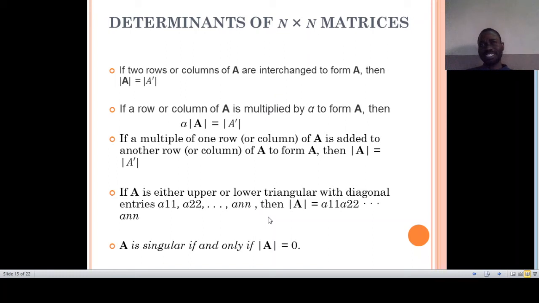So basically, if you want to obtain the determinant of any matrix, you can reduce the matrix to an upper triangular or a lower triangular matrix. When you do that, you multiply the diagonal of such a matrix, and the result will give you the determinant of that matrix. And the fourth rule is that A is singular if and only if the determinant of A is equal to 0.